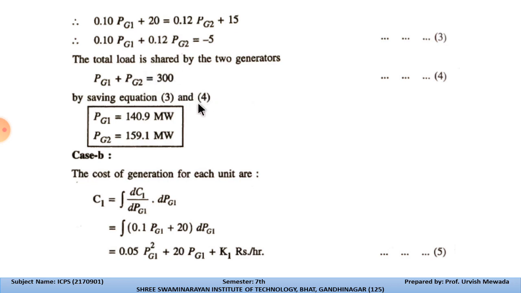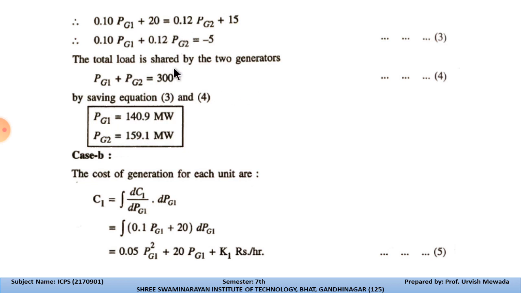Solving equations number 3 and 4 and putting in the values, we will get Pg1 is equal to 140.9 megawatt, and Pg2 is equal to 159.1 megawatt.